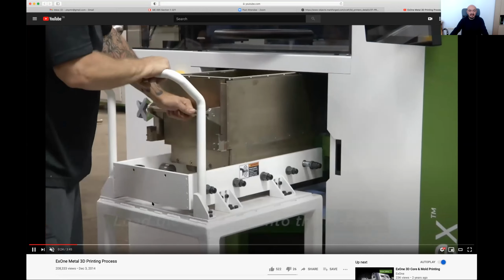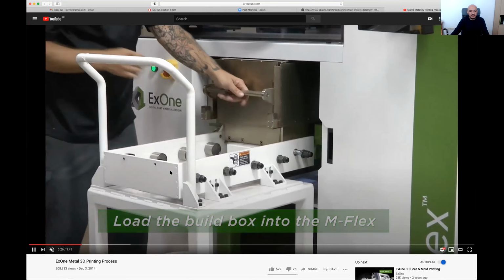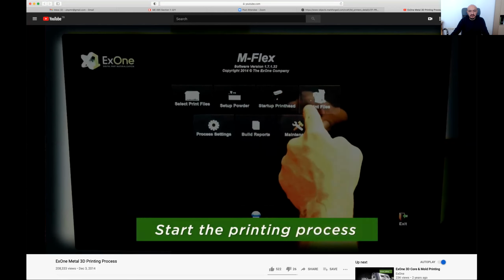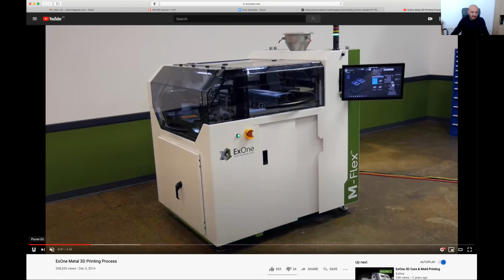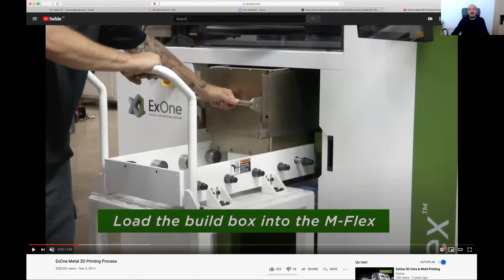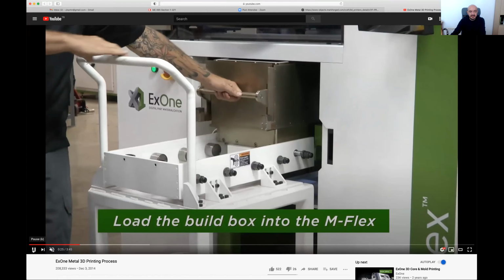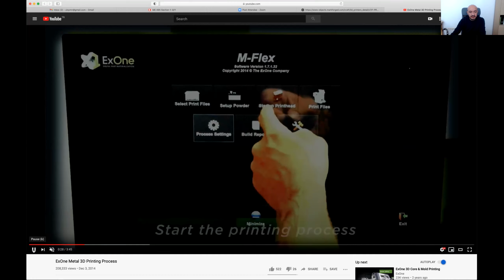After they set up their build volume, they put their box into the machine. It's not the bending obviously, but sintering, or we can say powder bed. Let me show you once again. Yes, this is a powder bed, and they have such a flexible system that once they are doing operations in one powder bed, they can continue with the printing operation in another. So it is pushed into the center.